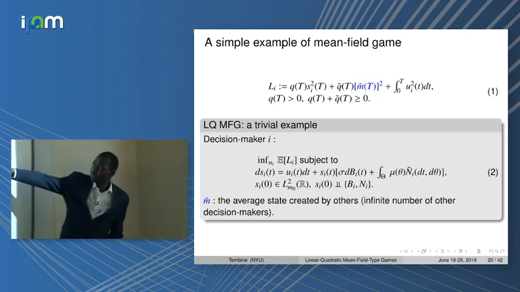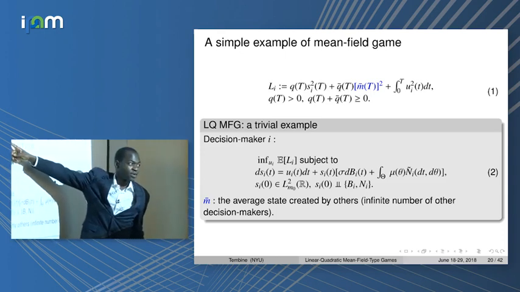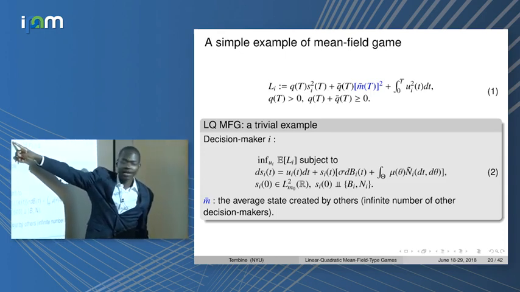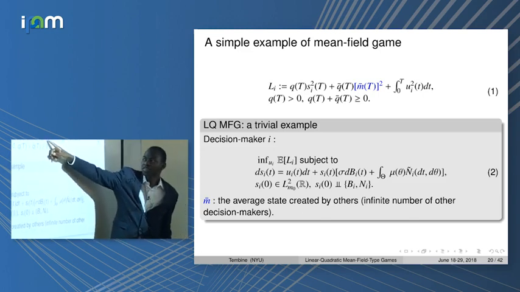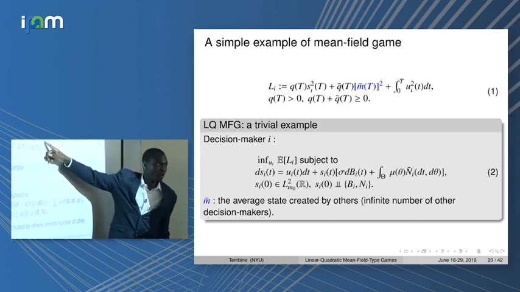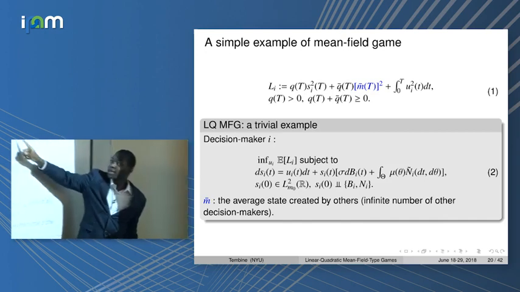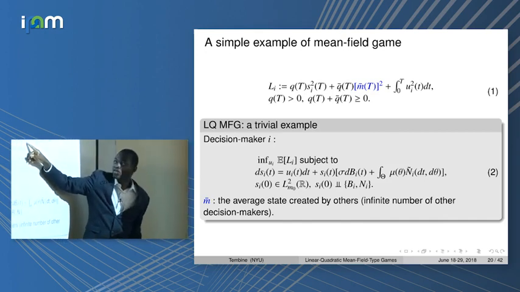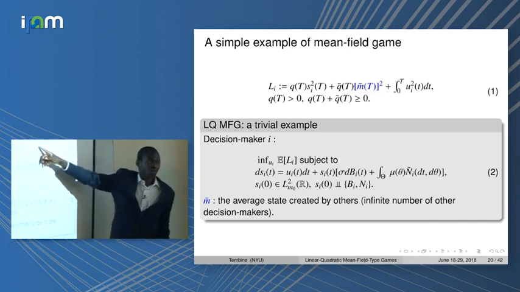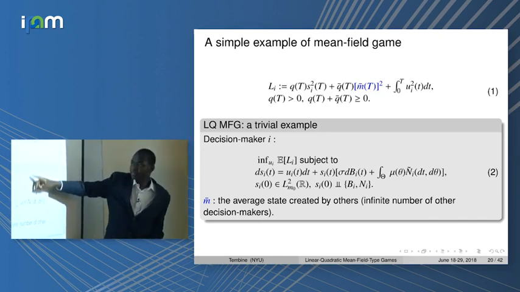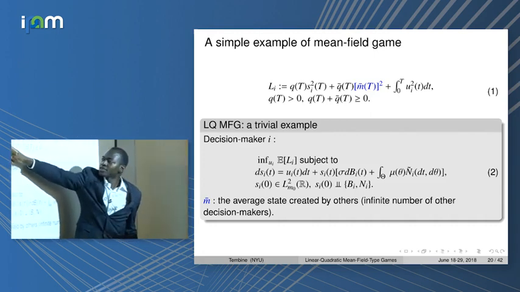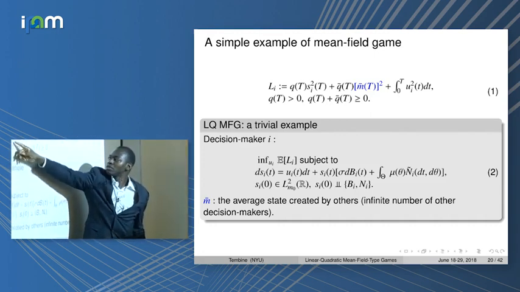So here is the setup. Quadratic in your state. i is the representative agent. There is a mean field term. This is the average state of all the agents. There are an infinite number of agents, I mean, mean field game. Quadratic cost. These coefficients I ask to be non-negative.